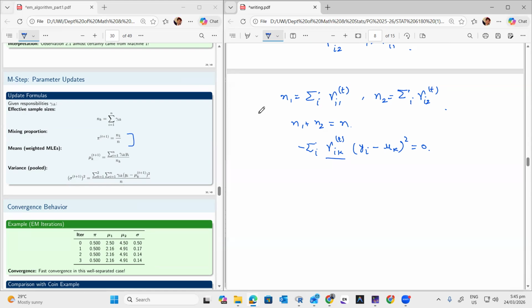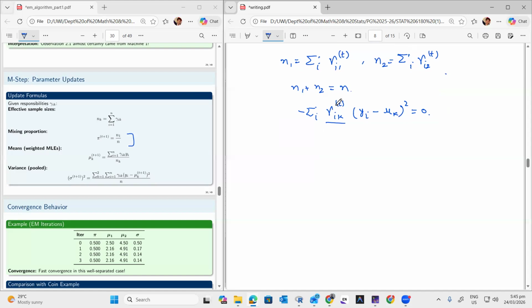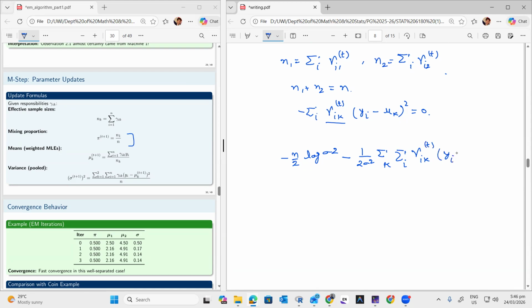It comes from this: the variance appears in the Gaussian log density like this: minus n by 2 log of sigma square minus 1 upon 2 sigma square, summation over k and summation over I of gamma ik at the t-th iteration into yi minus mu k at the t plus 1th iteration whole square.